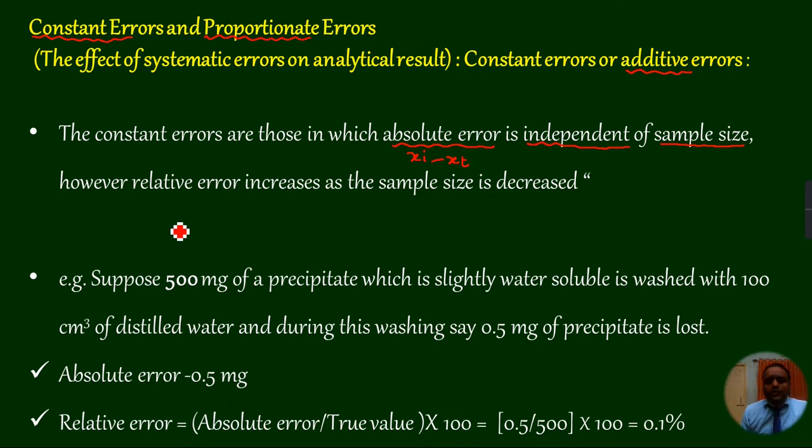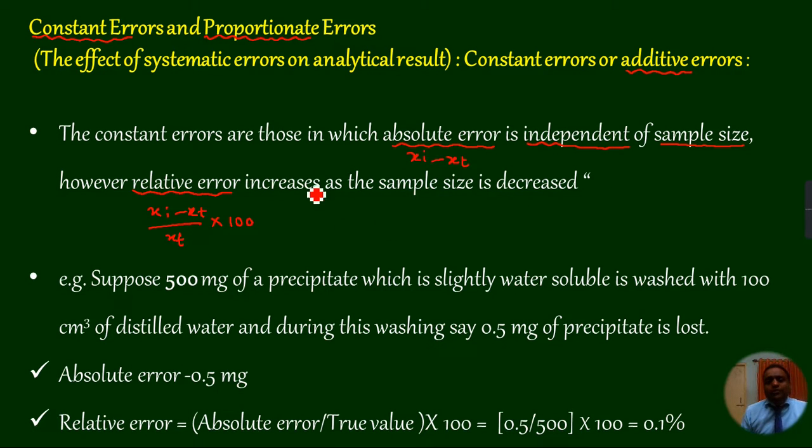But if you see xi minus xt divided by xt, that is a relative error. If you want to see in percentage or parts per 100, it becomes xi minus xt divided by xt into 100. So this value actually increases as the sample size decreases, right?